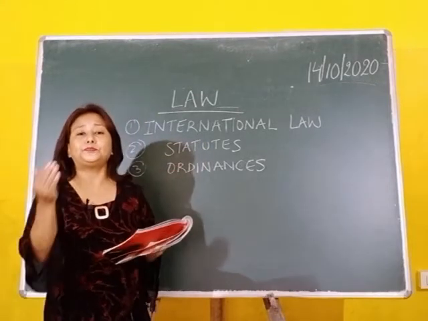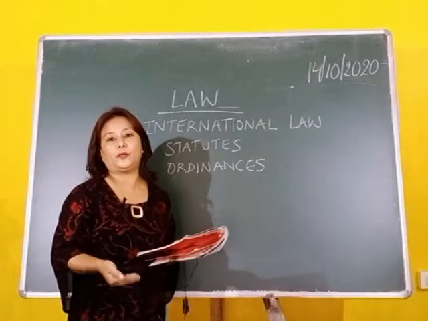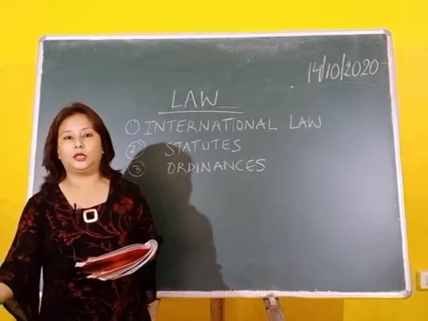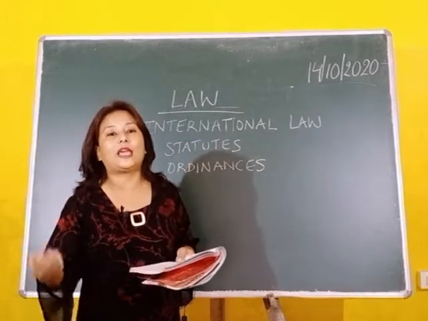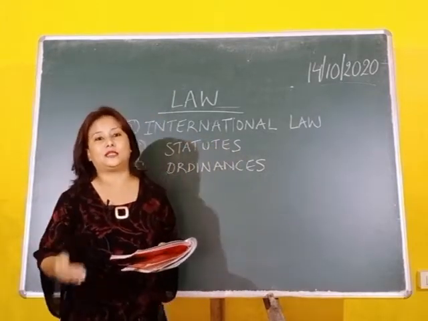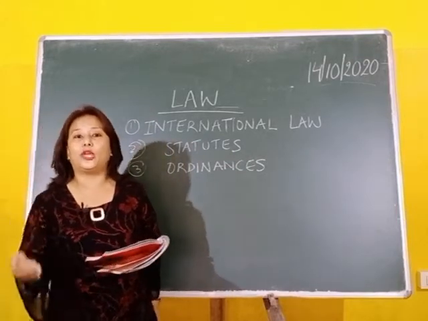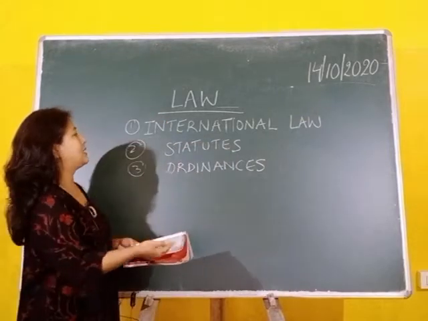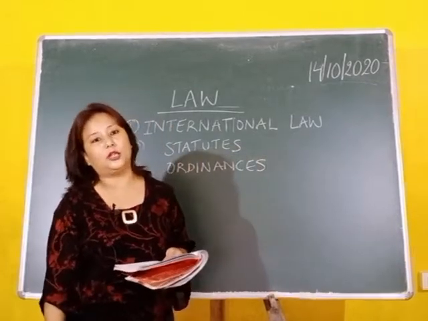This law shows us the relationship which one state shares with the other, and these laws are binding on each and every citizen of the different states to which they belong. Is it clear? So that is the 4th law, which is your international law.